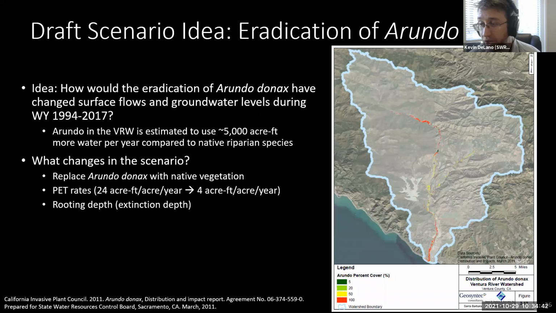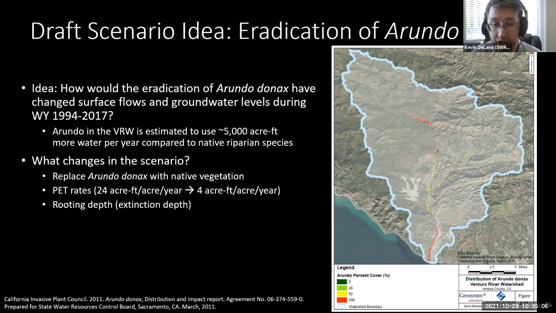So for this scenario, on the map here on the right, this is a map of where Arundo is represented in the model. Arundo is represented in the current model as a vegetation type, with ET and a rooting depth. And so what if we removed all of this Arundo and replaced it with native vegetation?